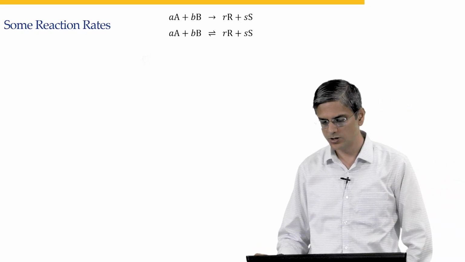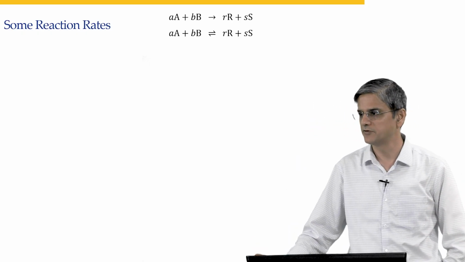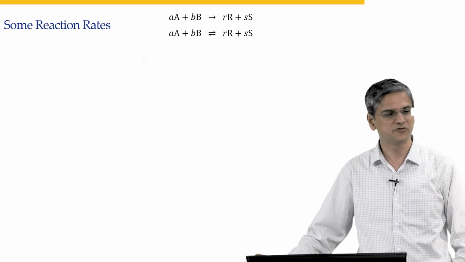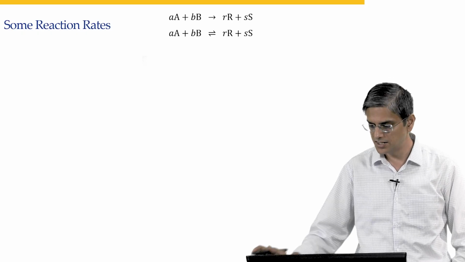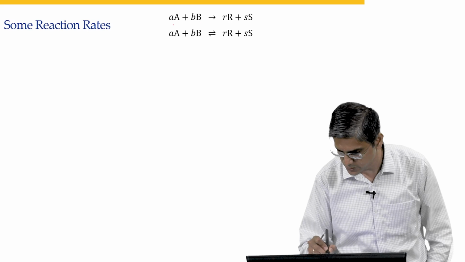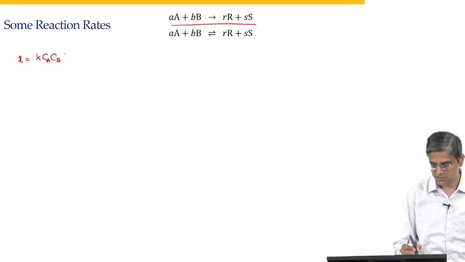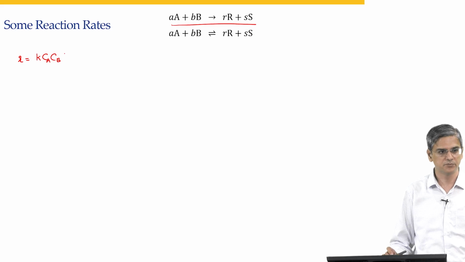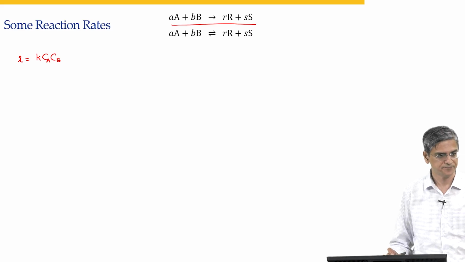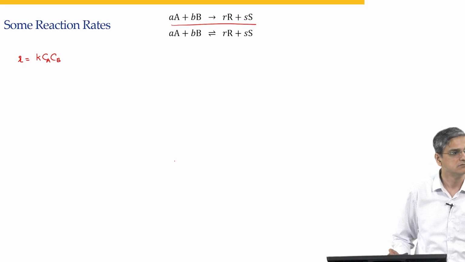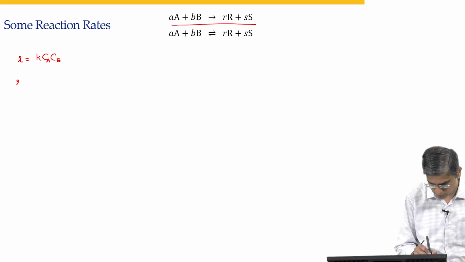How will you write reaction rates for, or what type of reaction rates have you encountered? Let's look at the irreversible reaction first. K, Ca, Cb, right? That would be first order in Ca, first order in Cb. What else? Power law.